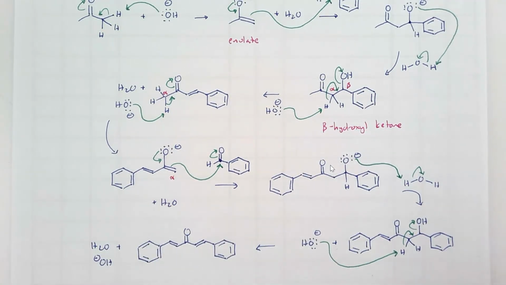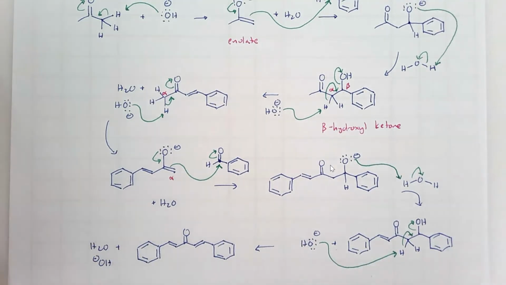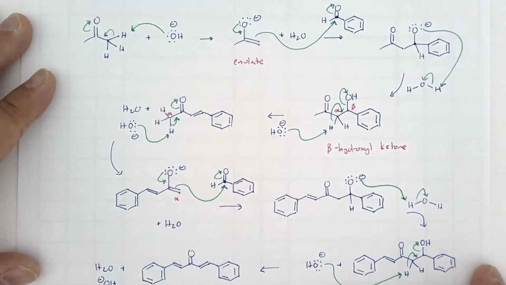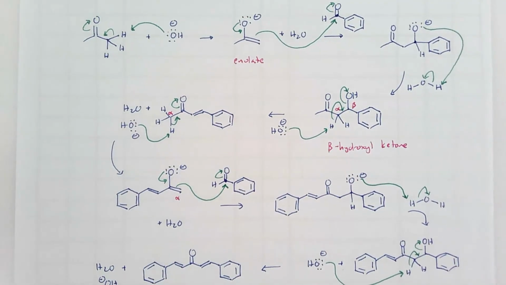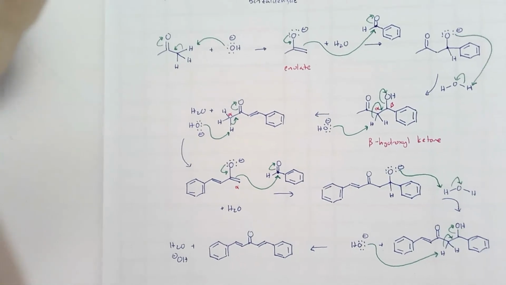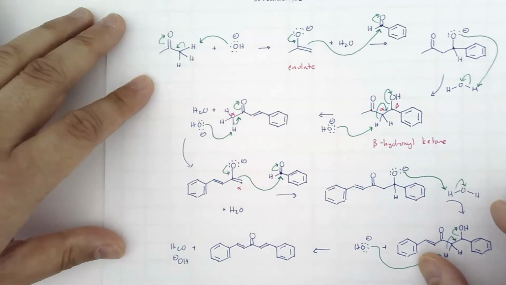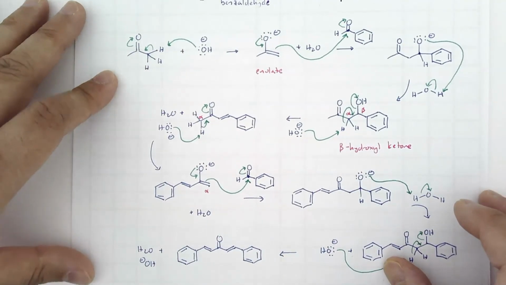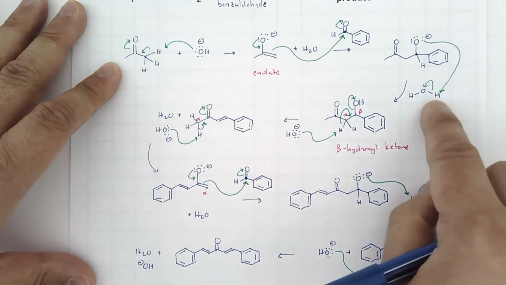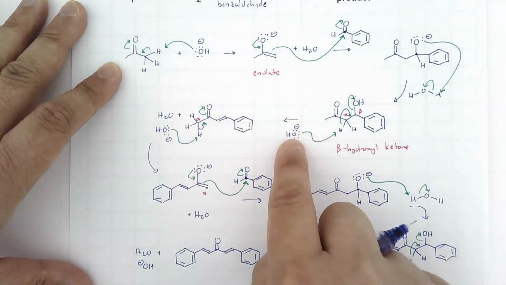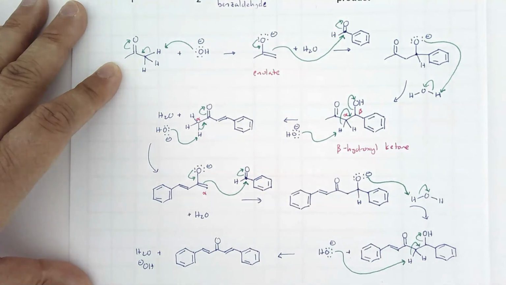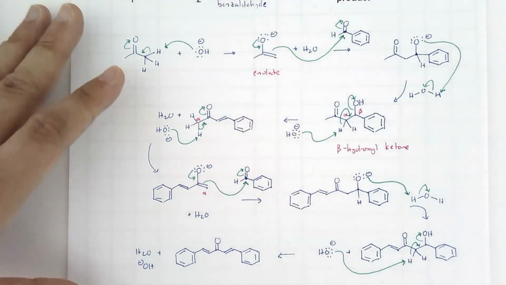You don't have to draw the lone pairs if you're not using them with the green arrow. And the mistake, it's very minor, but let me zoom out just a tad so you can see the whole mechanism. The mistake is here: I created OH minus, so I shouldn't have this under the arrow because it was made in the previous step.